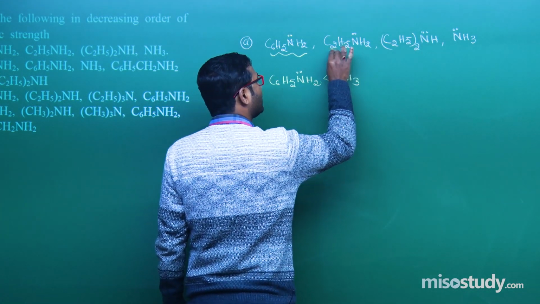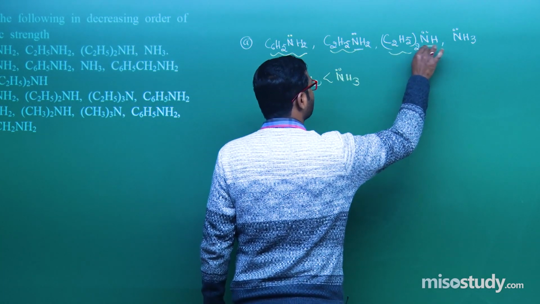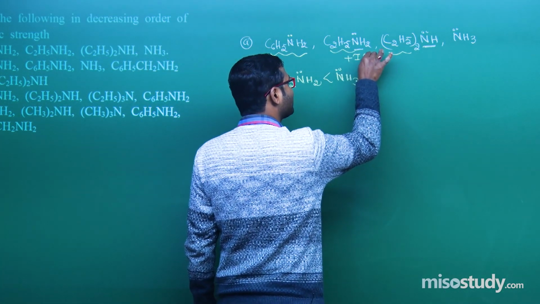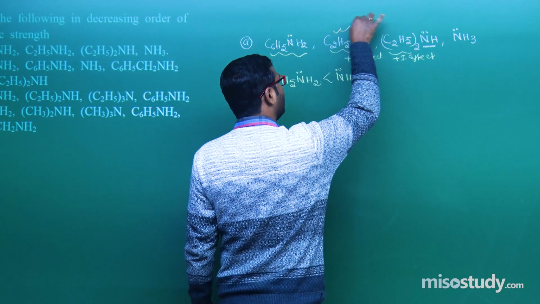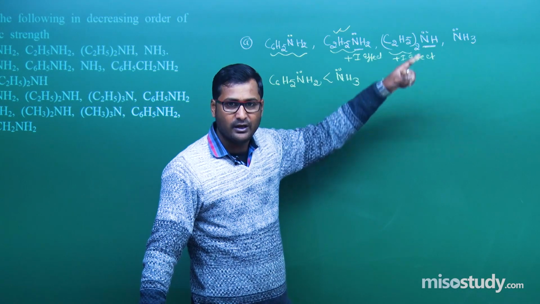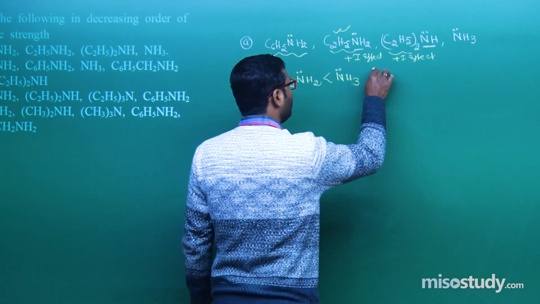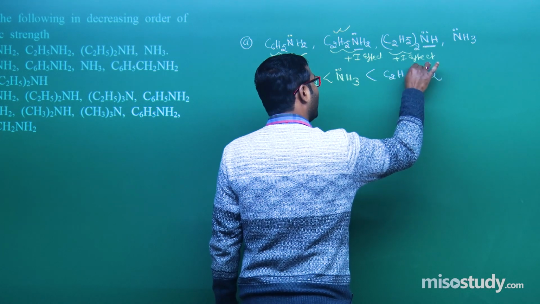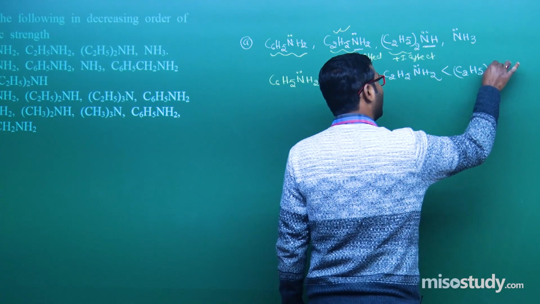Then there comes NH3, which is very simple. Now if I compare this one and this one, this one is a primary amine and this one is a secondary amine. As we know, C2H5 has a plus I effect. In both cases there is a plus I effect, but here 1 C2H5 and here 2 C2H5. So the plus I effect dominates here, and we know the more the plus I effect, the more basic the nature. So the order will be C2H5NH2 then (C2H5)2NH.